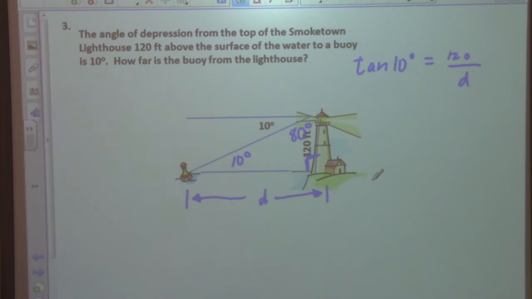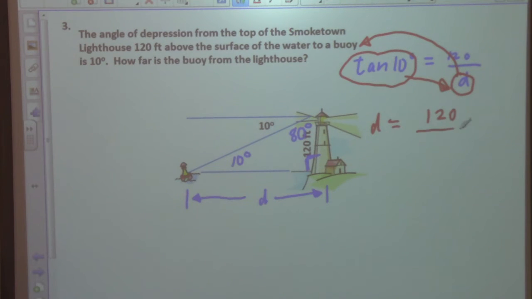I'm just going to show you this one that I named after Riley. She takes this D up here, and then she takes this thing right here and brings it down here to replace D down here. So now what she has is D is equal to 120 over tangent of 10 degrees.